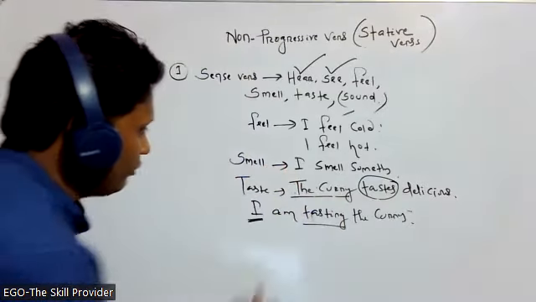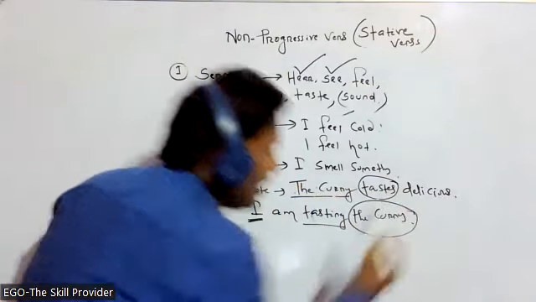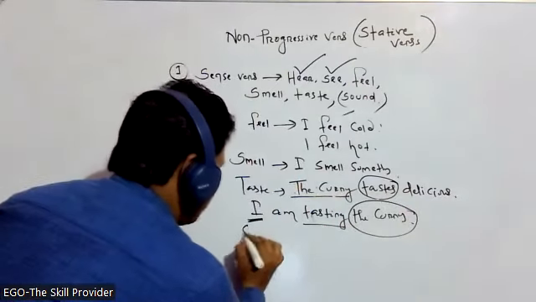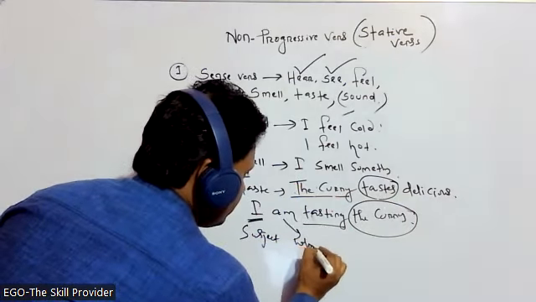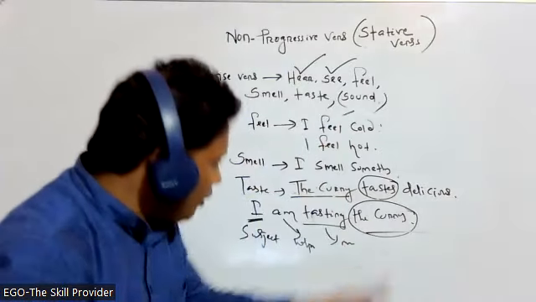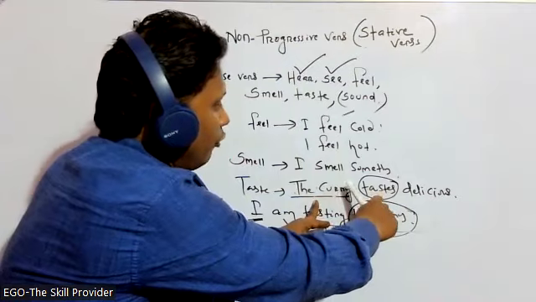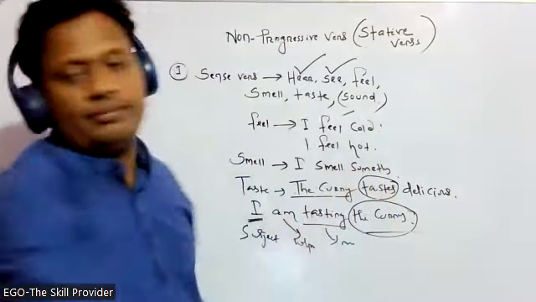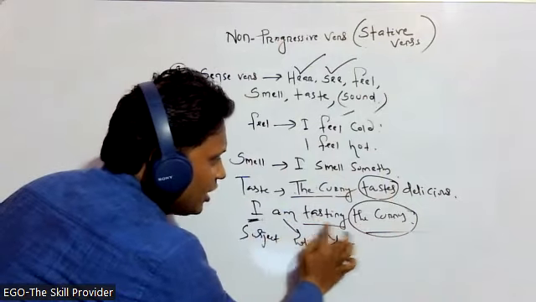Just check it out. Look, I am tasting the curry. The curry is the object. I is the subject, am is the helping verb, tasting is the main verb, and the curry is called the object. Whenever the object becomes the subject, that time the verb becomes non-progressive. Let me put it once more. I am tasting the curry.